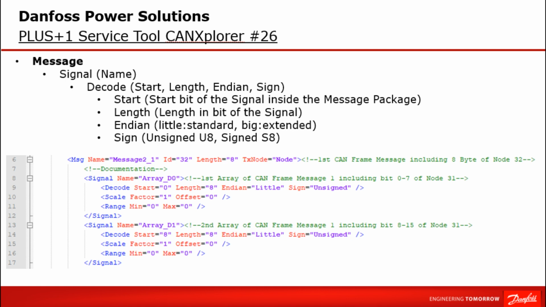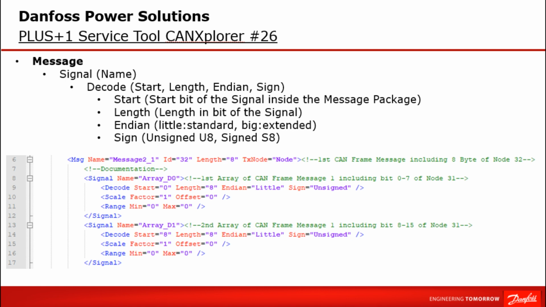Starting with the element decode to specify the signal using the start position, length, endian, and sign. So in this little example, the signal array D0 does include data from bit 0, the start attribute, from the received CAN packet message with a full size of 8 bits, which is 1 byte, so the length attribute.